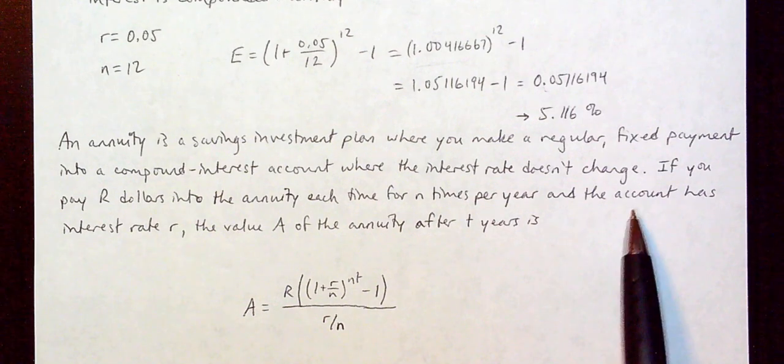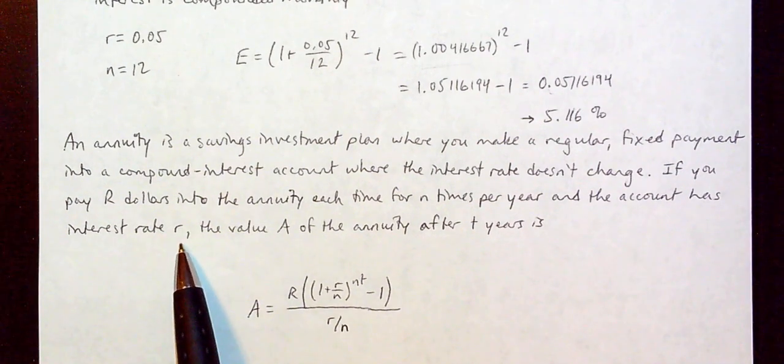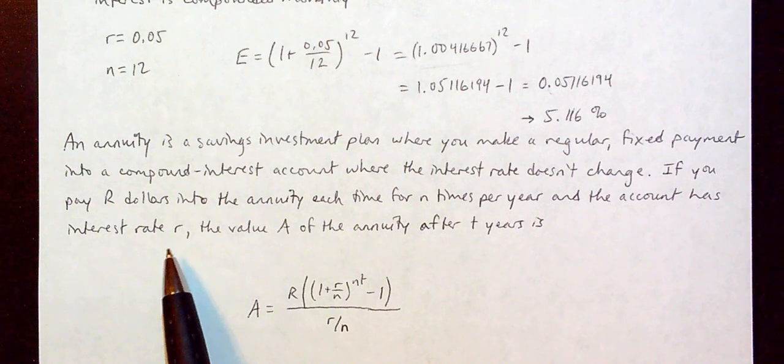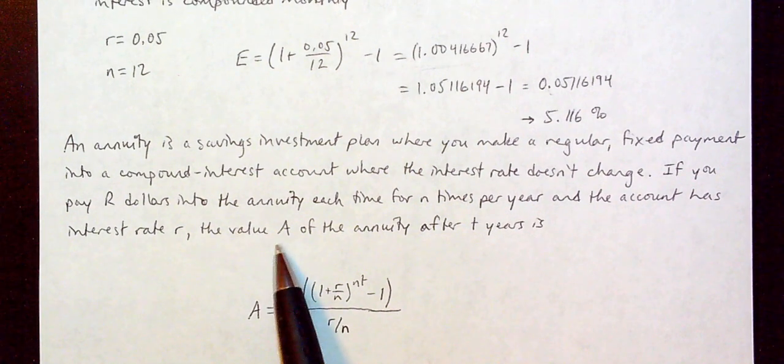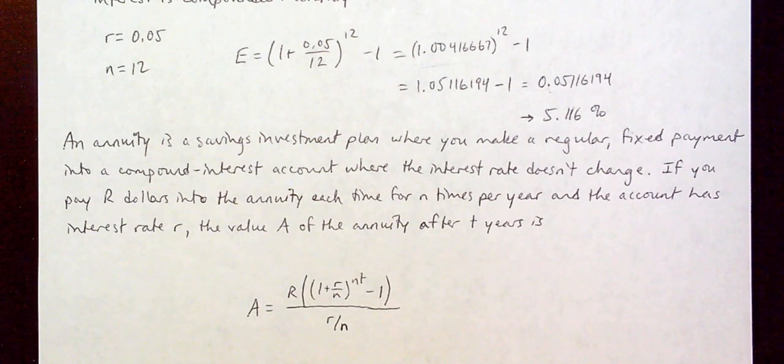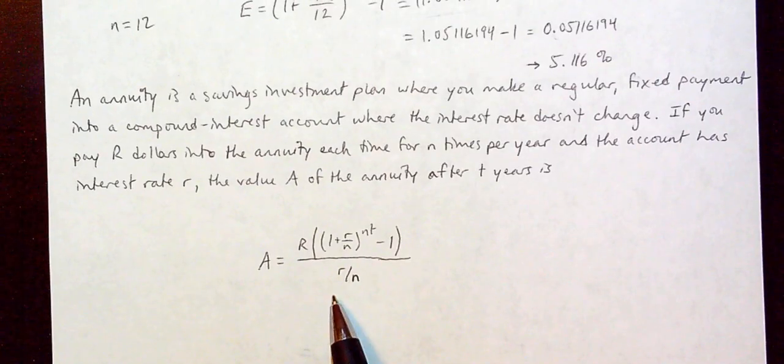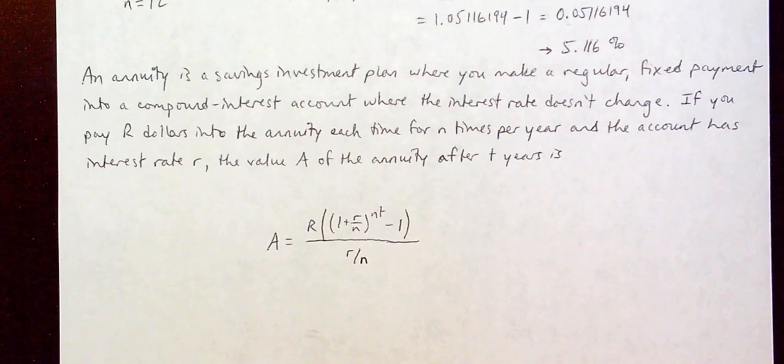And if the account has annual interest rate r, again used as a decimal, then the future value A of this annuity after T years is going to be given by this formula right here. Capital R times the quantity 1 plus little r over n, raised to the power nt, minus 1, and then that all over little r over n.